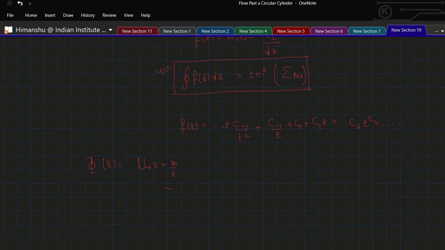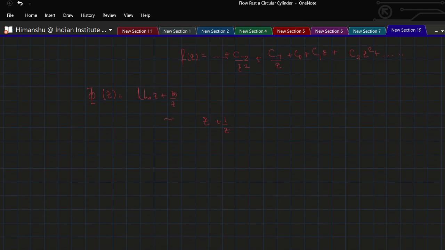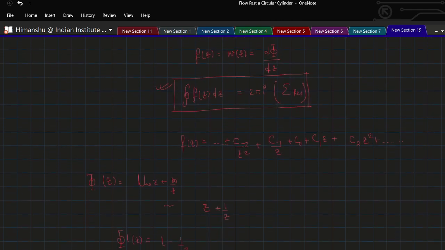So it could be written as z plus 1 by z, a type of this kind of potential flow. And if we have to find the complex velocity, it would be w dash z equals 1 minus 1 over z square.